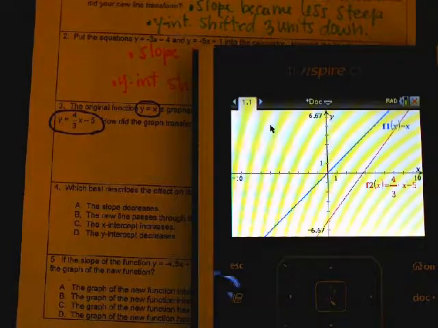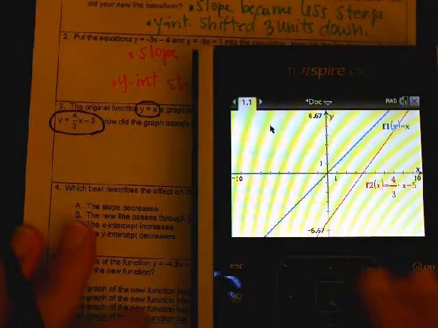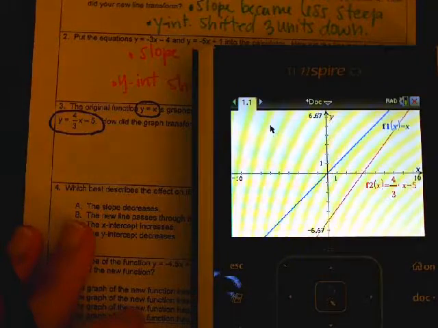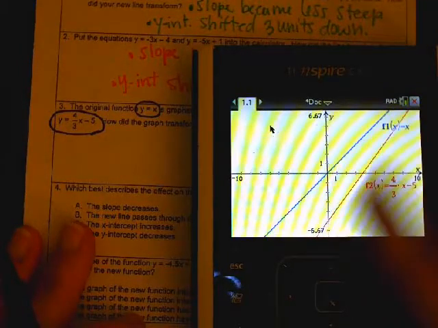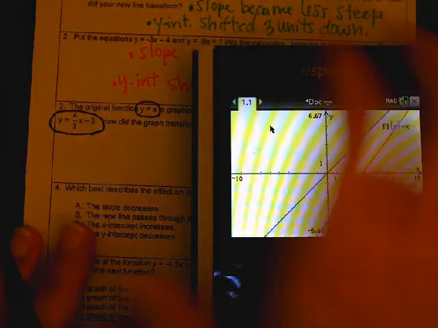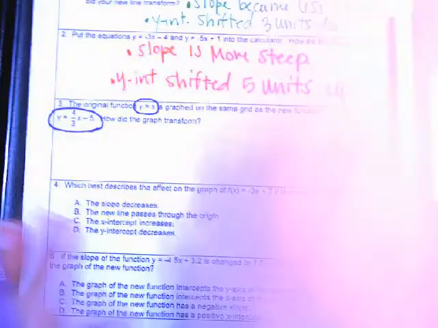Okay, so did they both stay positive like we thought? Yes. But what else happened to the slope, though? The new one is more steep. Okay? So the slope is more steep.